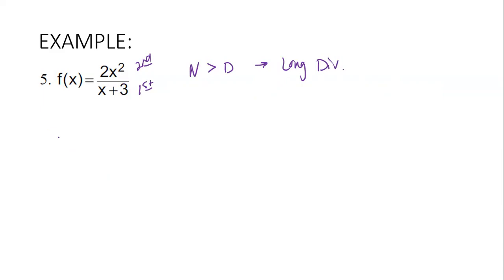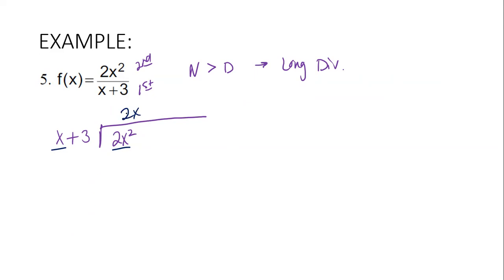So setting up my long division, I have x plus 3 divided into 2x squared. Long division: we divide, multiply, subtract, bring down. So what is 2x squared divided by x? 2x.